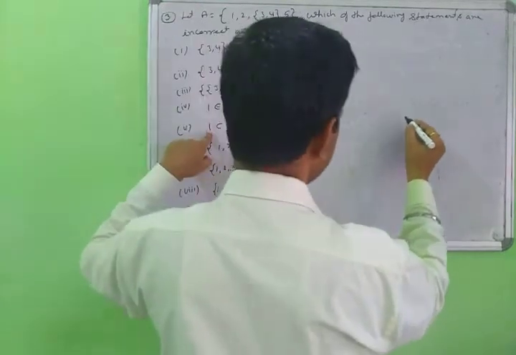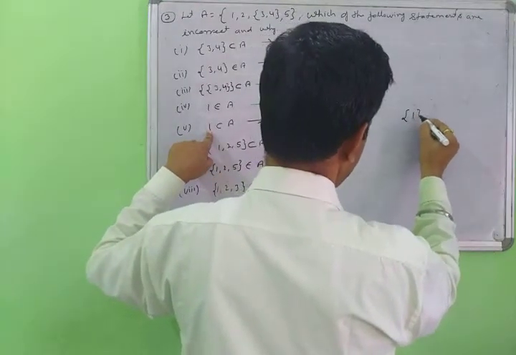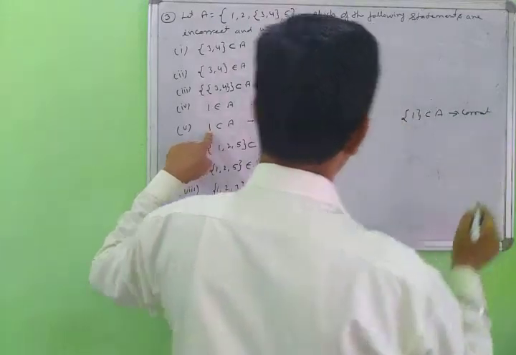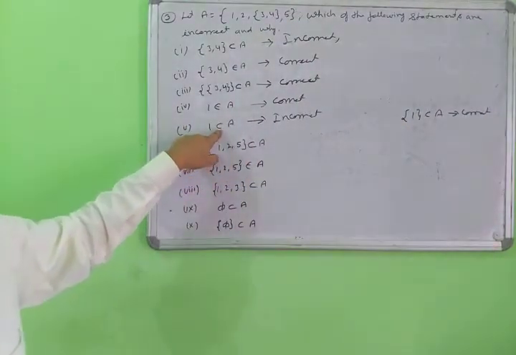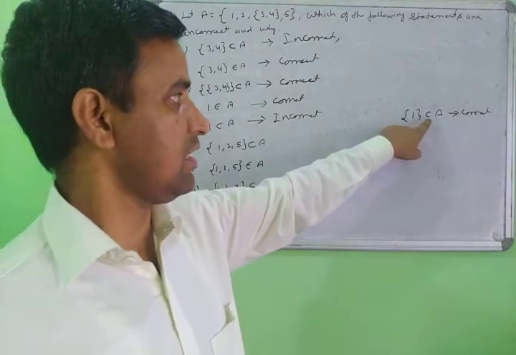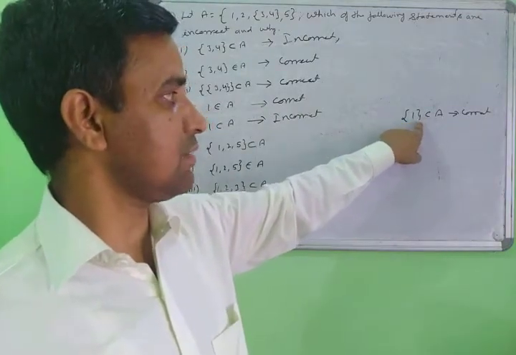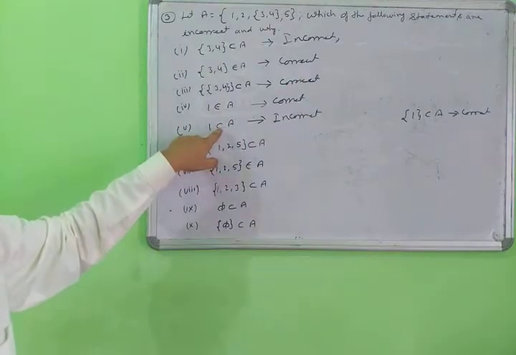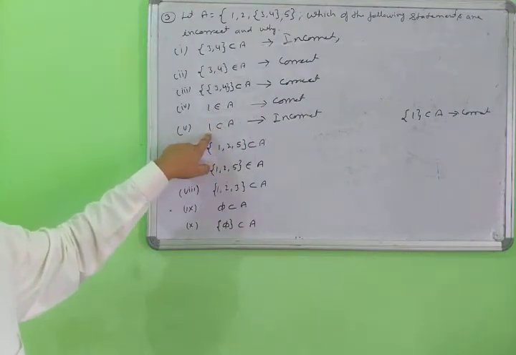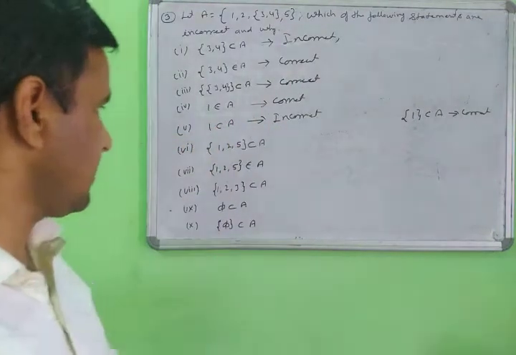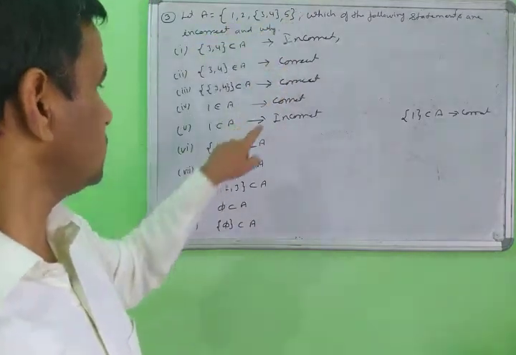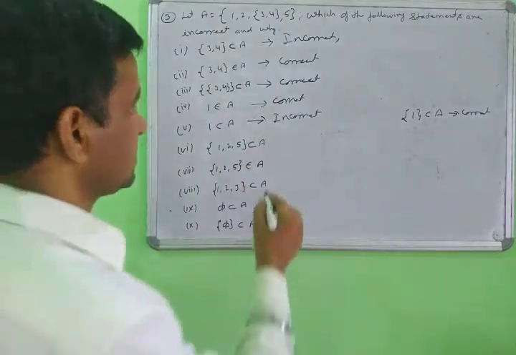When you write the subset sign, you use the curly bracket, and then it will be correct. If you use the subset sign without the curly bracket, this is incorrect. Again, {1, 2, 5} using the subset sign with curly bracket is correct.